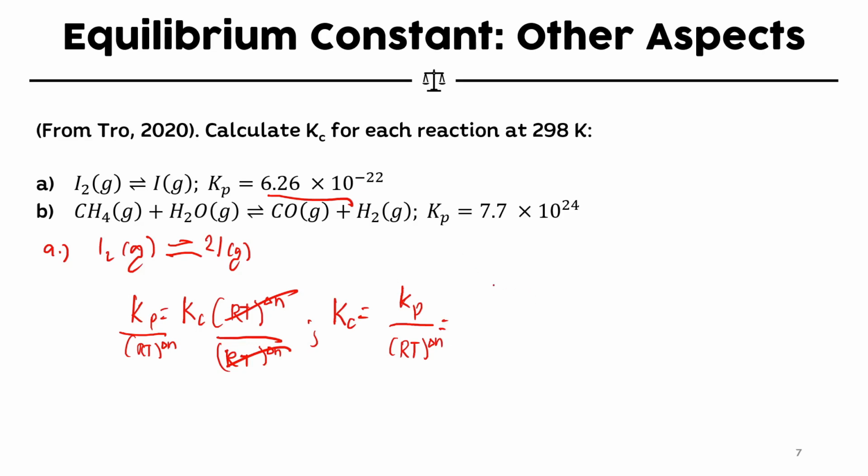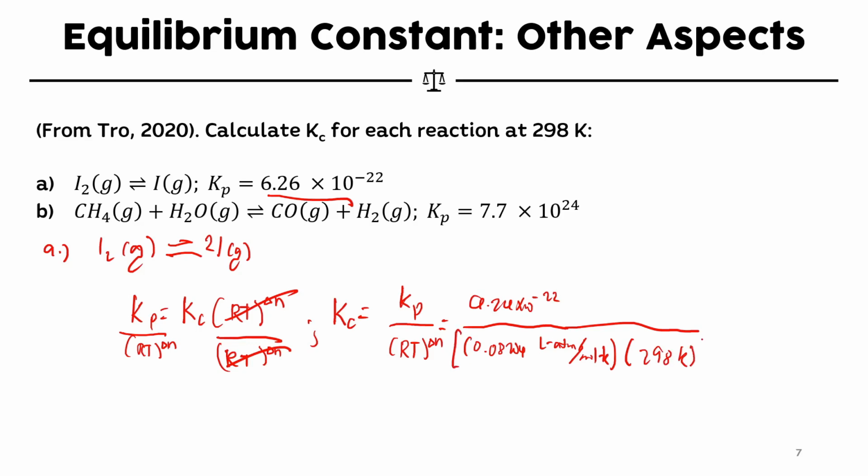So Kp is equal to, it's already established here, 6.26 times 10 to the negative 22, divided by 0.08206 liter atmosphere per mole Kelvin multiplied by the temperature, which is 298 Kelvin.